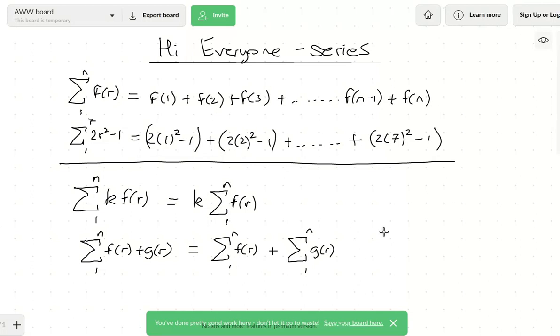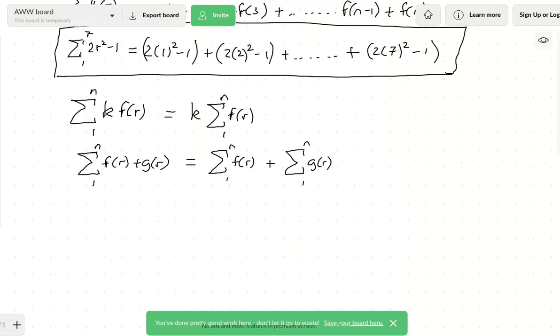Now, how can I use these two results for that last situation up here? I could use it like this. I don't have to work it out like that. I could actually break it up because if I'm dealing with the sum of 2r squared minus 1 from 1 to 7, I could in fact make that the sum of 2r squared from 1 to 7. This does work with a minus, obviously.